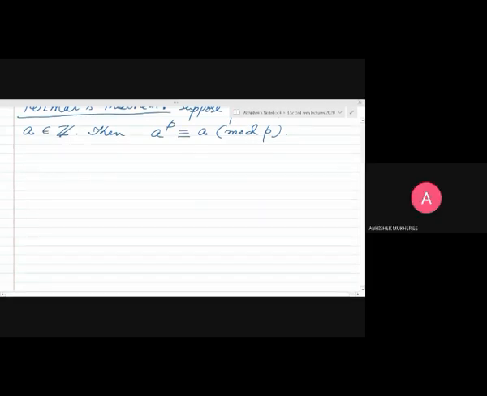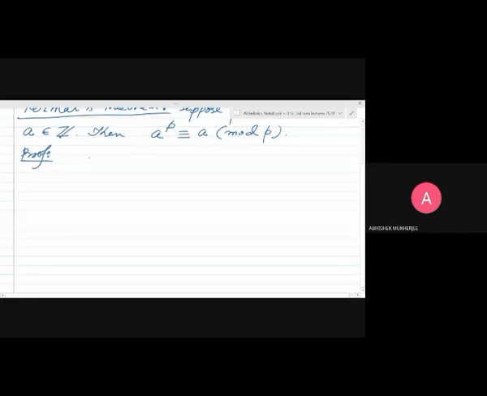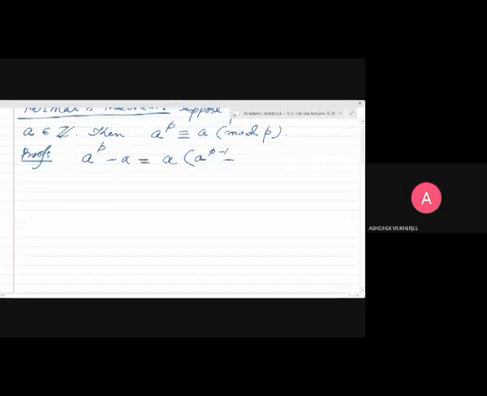Okay. So how to achieve this proof, the proof is like that. So first of all, you will see that a to the power p minus a can be written as, taking out a outside the bracket, a times a to the power p minus 1 minus 1.